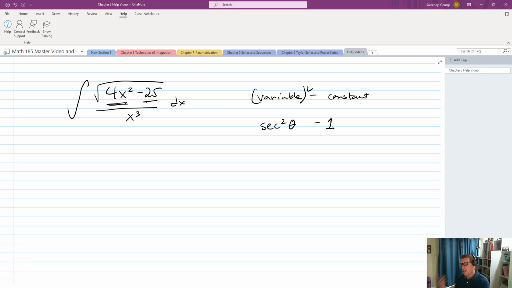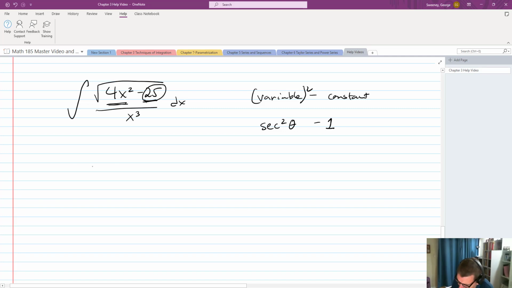Then I'm going to change that into tangent squared, and then I can reduce and do some other algebraic work in order to turn this into something I can integrate. So what I'm going to do here is get this 25 into a 1.